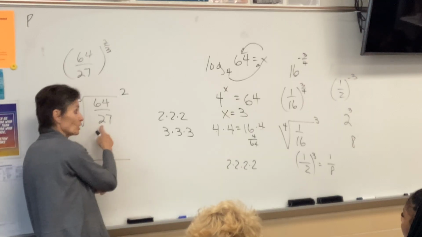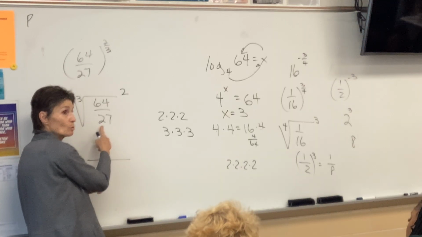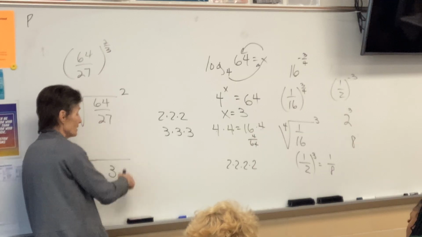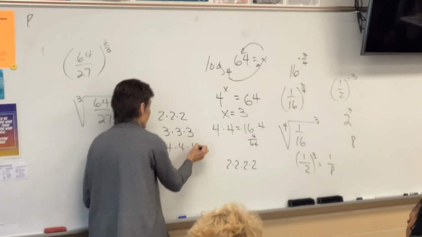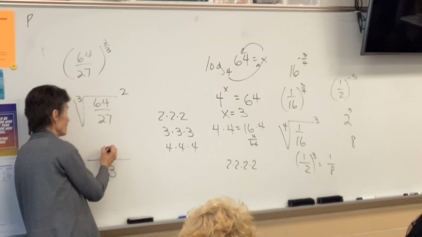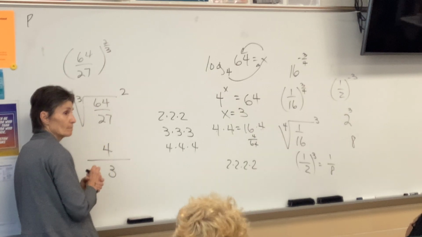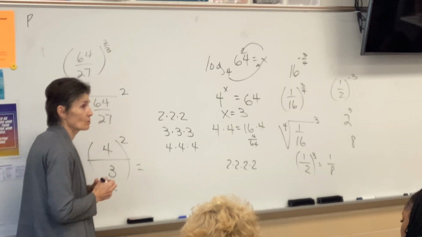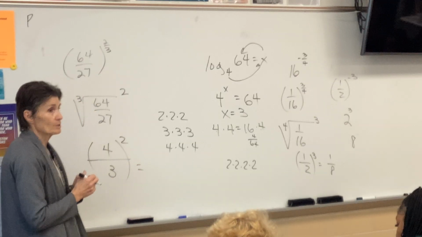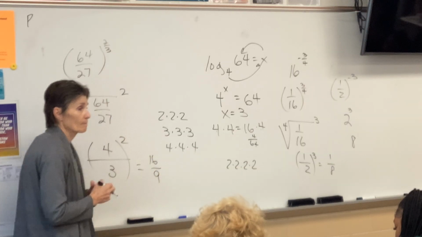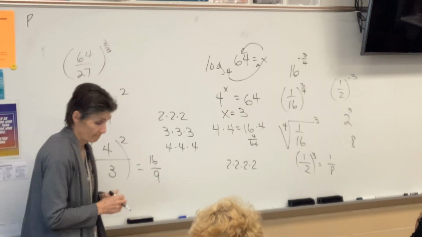No, but that actually is 27. So the cube root of 27 is 3. What's 4 times 4 times 4? 64. So the cube root of 64 is 4. I need to square that. So what is my answer? 4 thirds times 4 thirds, 16 ninths.